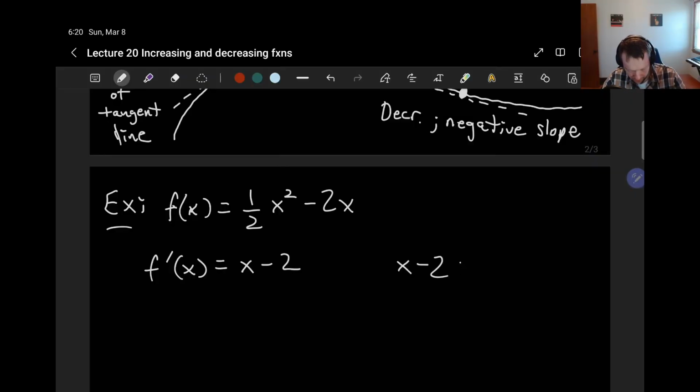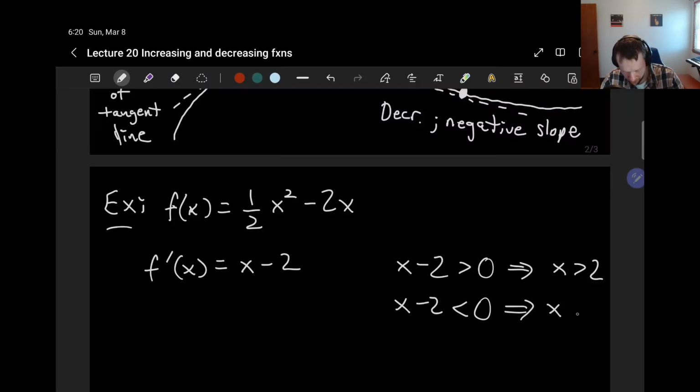Okay, well, when is x minus 2 greater than 0? Well, that's when x is greater than 2, if you add 2 to both sides of that inequality. Likewise, if x minus 2 is negative, less than 0, and you add 2 to both sides, that means x is less than 2.